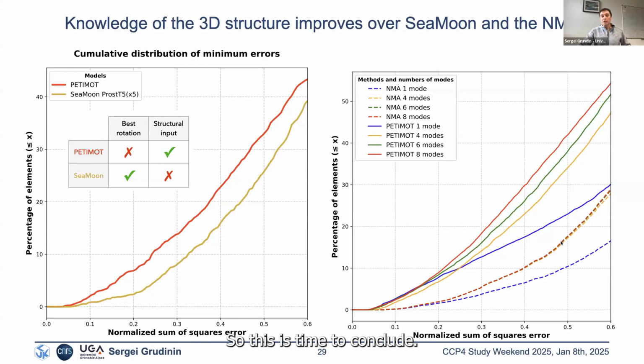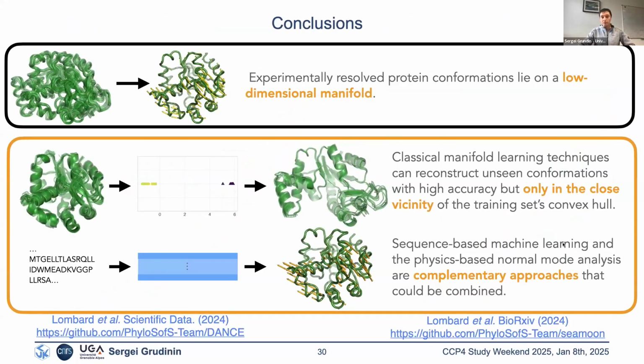So this is time to conclude. We have analyzed all experimentally solved protein conformations and demonstrated that they lie on a low-dimensional manifold, which allows us to use classical unsupervised and supervised learning techniques. We've assessed the classical manifold learning techniques and demonstrated that they can predict new conformations, but only those which are in the close vicinity of the training set.